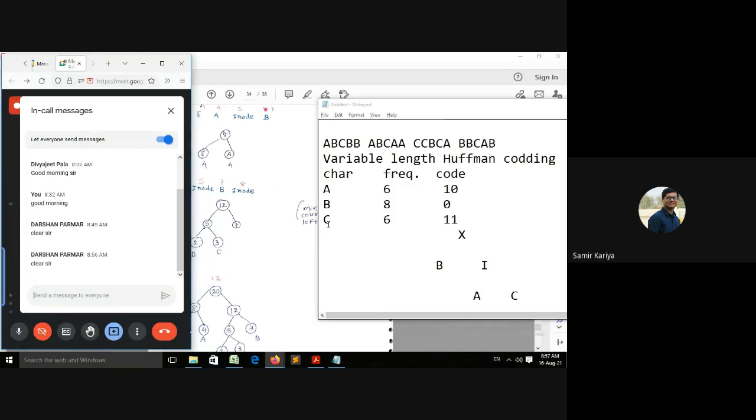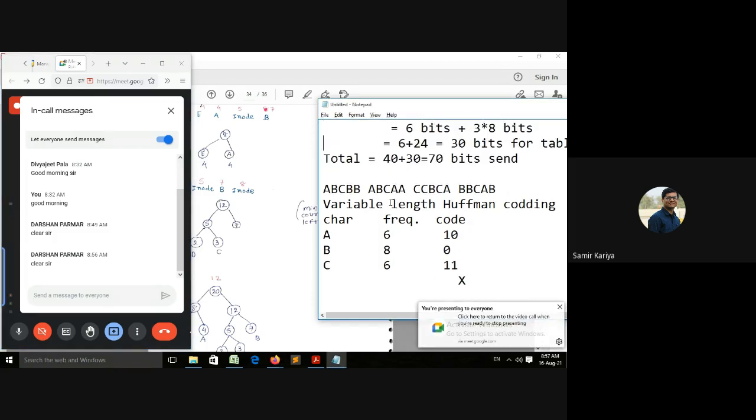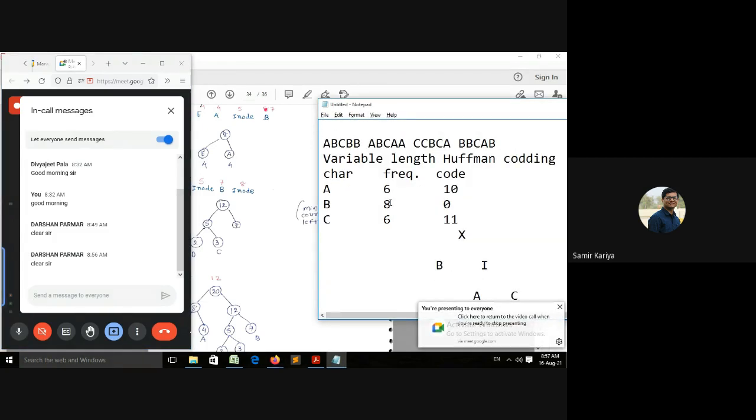In the fixed length, we got the answer, that's 70, I think, in the previous method. But now here, what is the final answer? How many bits are required to send?